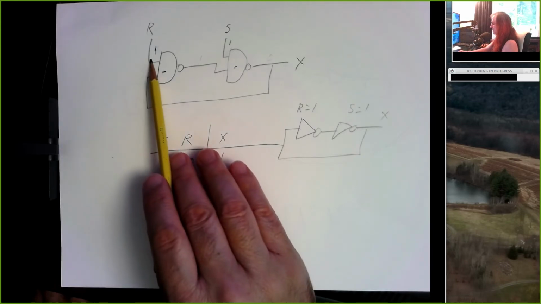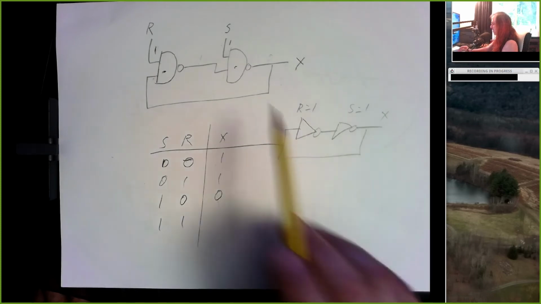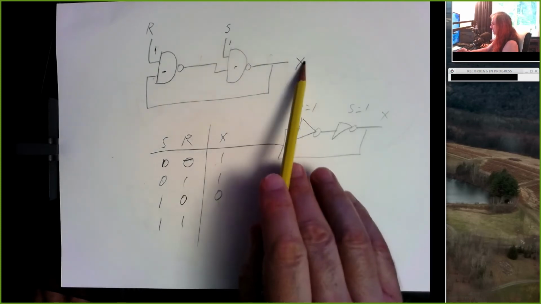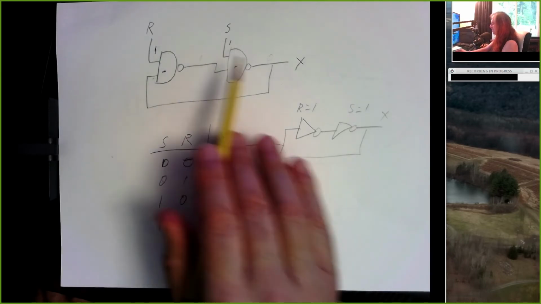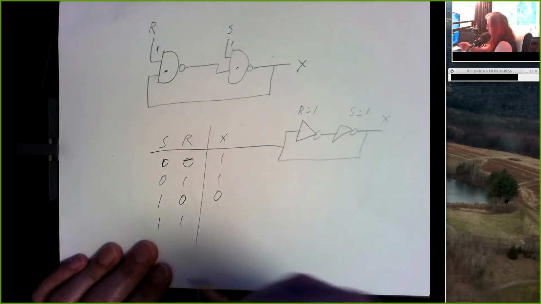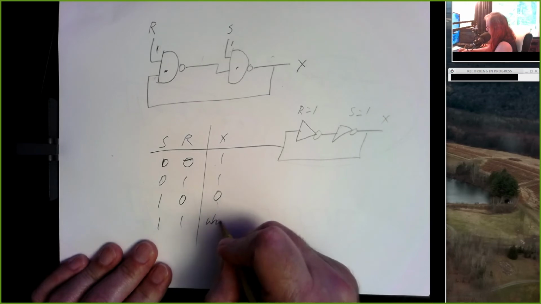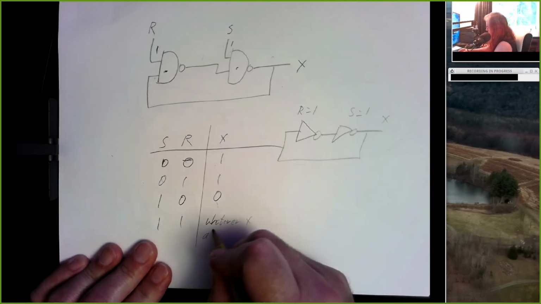If I drive this input to a 0, my output will go low. If I drive this input to a 0, the output will go high. And if I leave both of these inputs at 1, the output will stay wherever it was. So this will be whatever X already is.